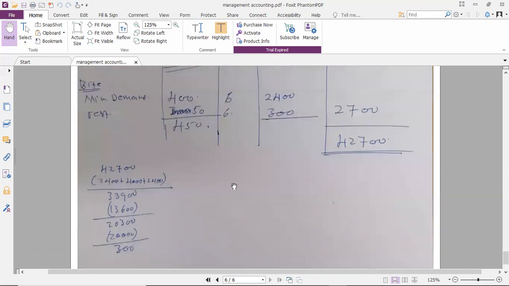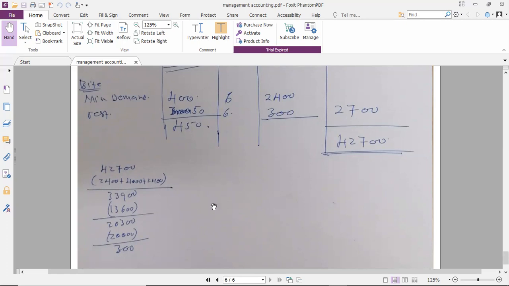And this 1,600, if I multiply 1,600 by 6, I need 9,600, and I only have 300 over here. I cannot produce all that 1,600, and this is what we call the constraint, because you are going to run short at a point in time. So with the 300 that is left, how many units of Byte can I produce? I can produce only 50 units of Byte. So it means that at the end of the month, Byte, we can only produce 450 units, given the 42,700 tons of marble that we have.